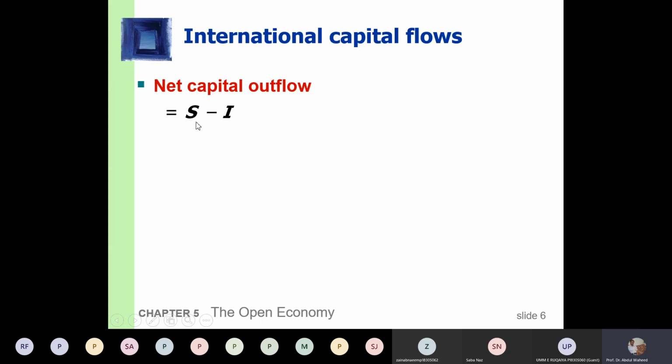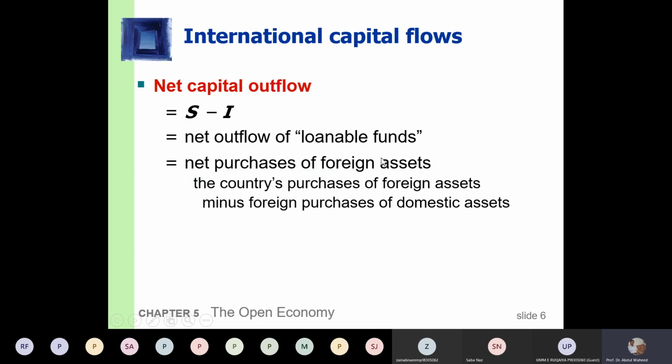Saving minus investment. Okay, this is net capital outflow. So net outflow of loanable fund, and this is possible when your saving is more than investment. So net purchases of foreign assets: the country's purchases of foreign assets minus foreign purchases of domestic assets.